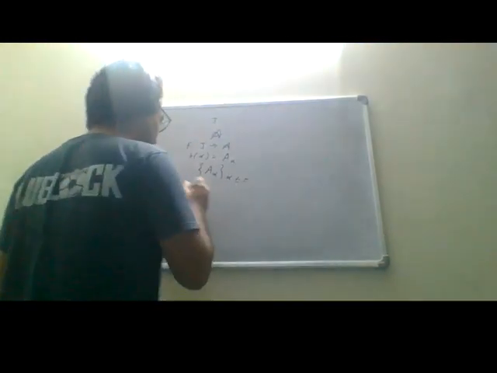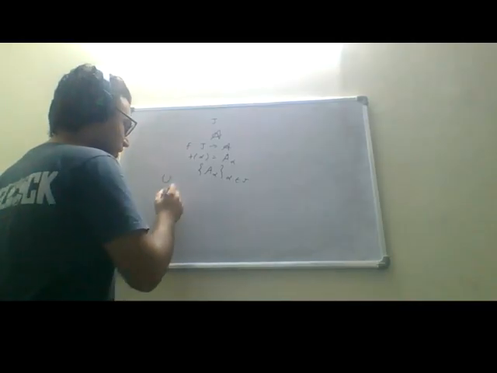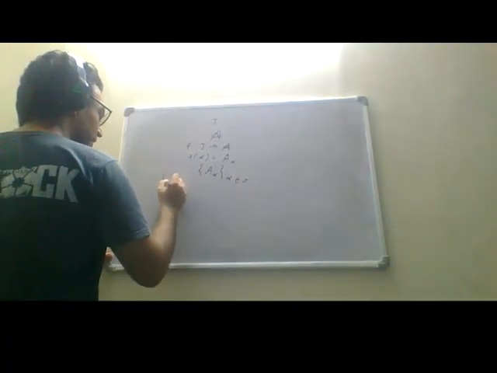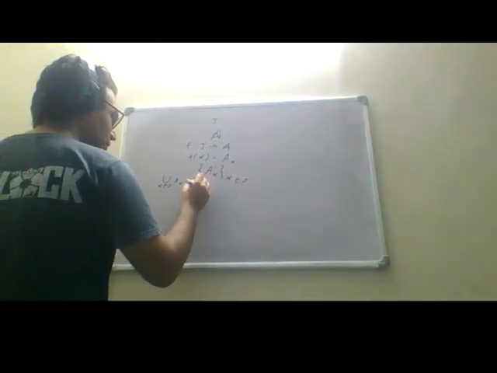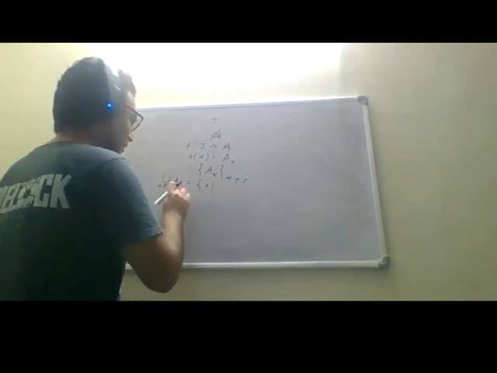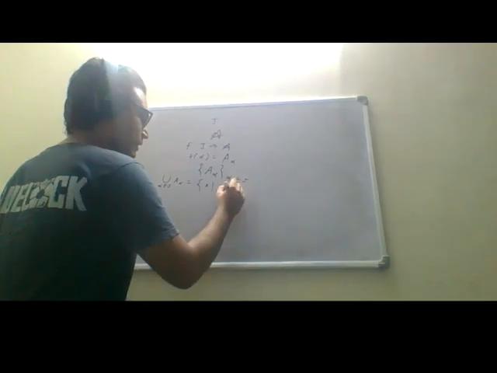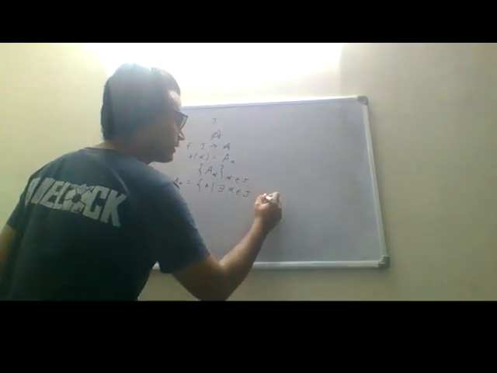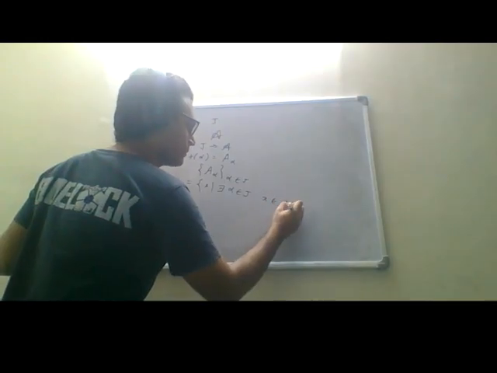And we have an alternate and equivalent definition for arbitrary unions and intersections. The union over alpha belongs to J of A alpha is equal to the set of x such that it has to belong to at least one, right? There exists alpha belonging to J such that x belongs to A alpha, pretty much.